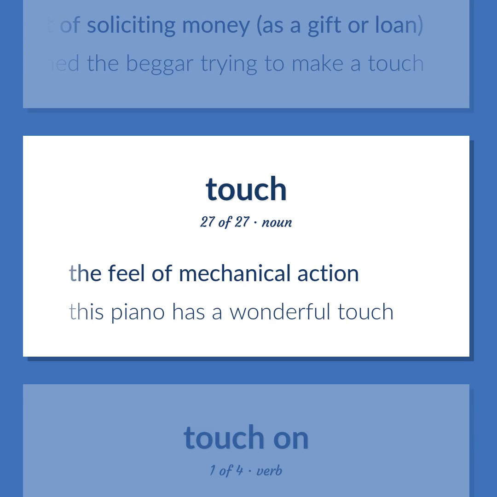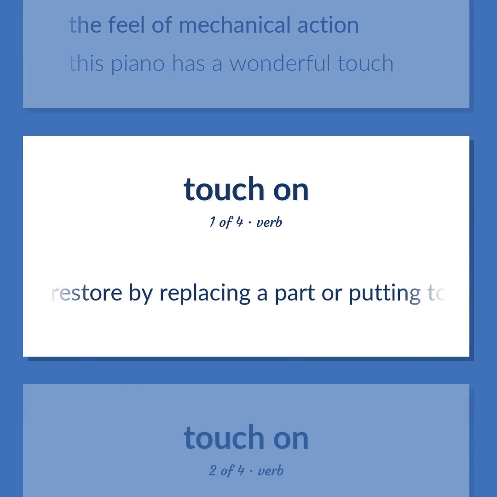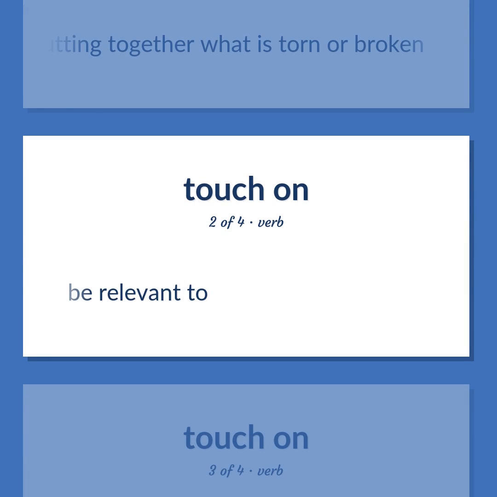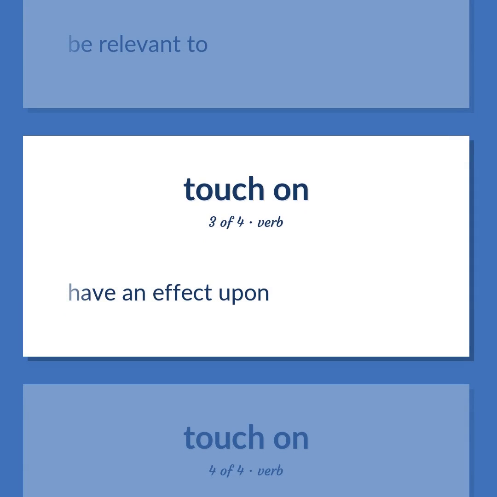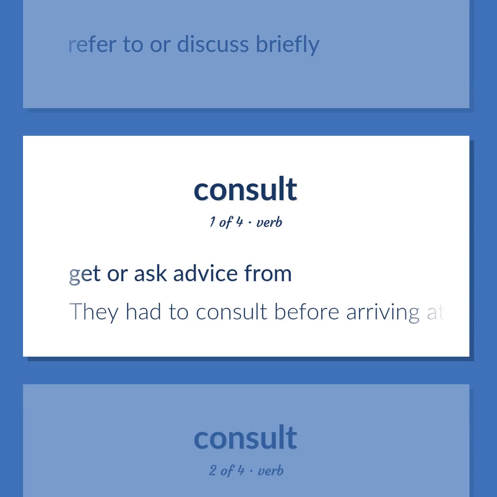This piano has a wonderful touch. Restore by replacing a part or putting together what is torn or broken. Be relevant to. Have an effect upon. Refer to or discuss briefly. Get or ask advice from.